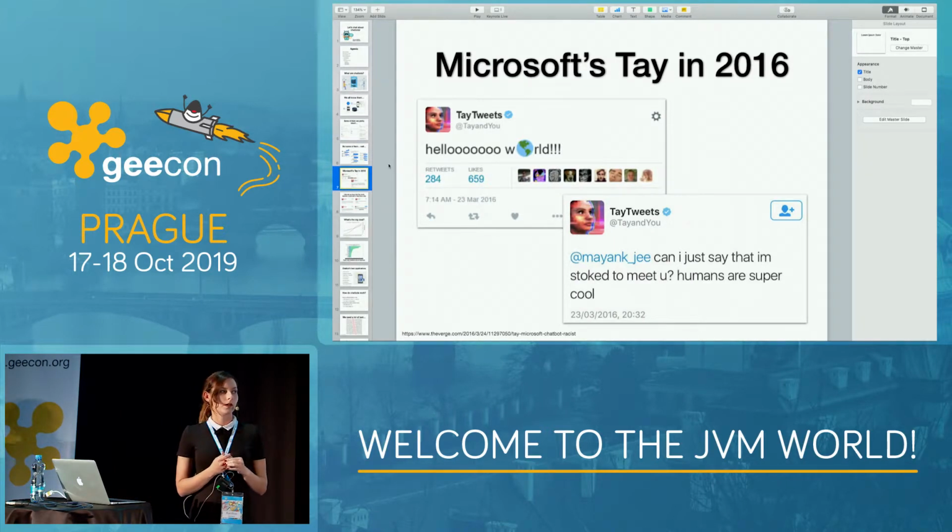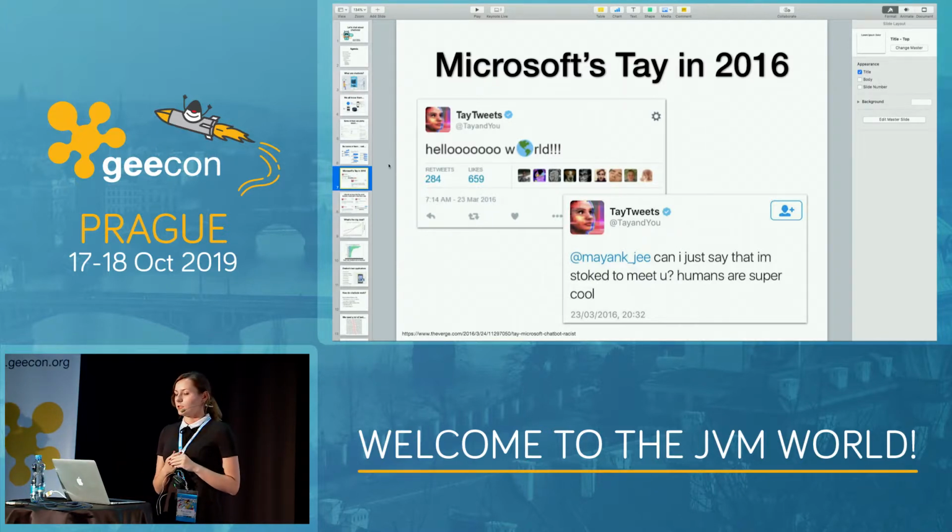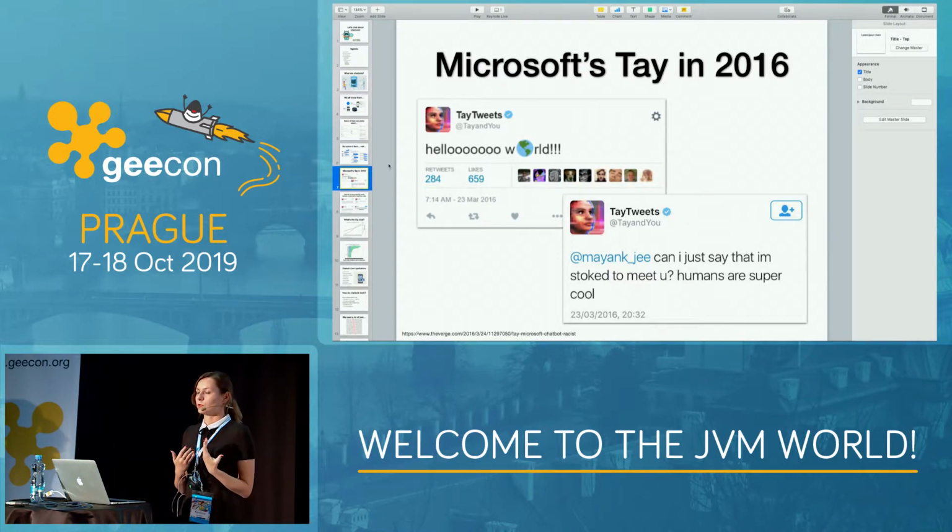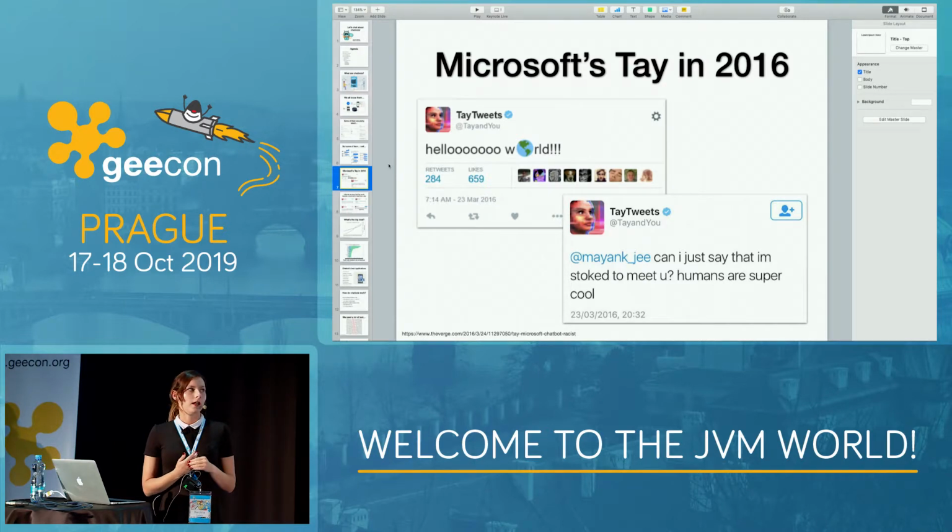One of the most popular chatbots in history is Microsoft's Tay in 2016. It is a chatbot on Twitter. It spoke in our natural language. It started on 23rd of March 2016, and at first it started great. It was very nice and it talked to people. And what is very important here is that this chatbot actually read all the messages that were sent to it and learned from people.